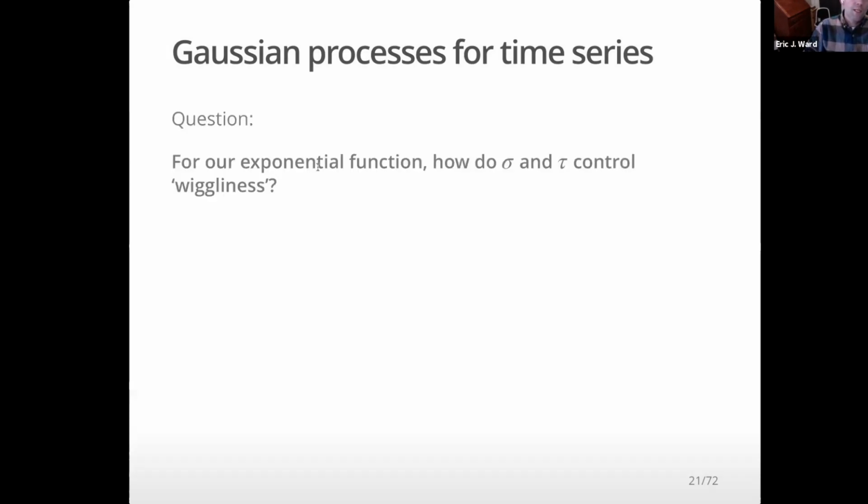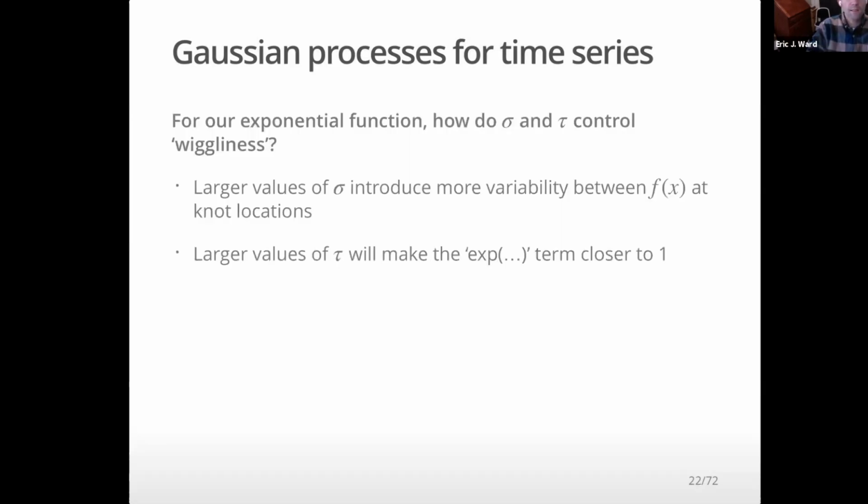Okay, so the question is, for our exponential function, if we're thinking about this with time series, how do sigma and tau control our wiggliness? As I said, sigma controls the magnitude of variability. So with time series data, the larger sigma is, the larger our variability will be over the course of that function.